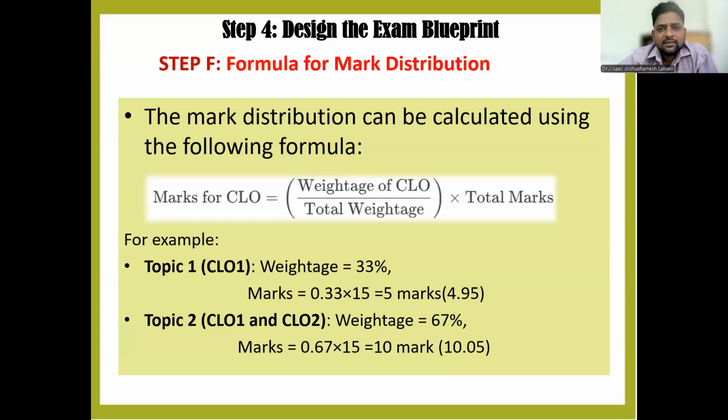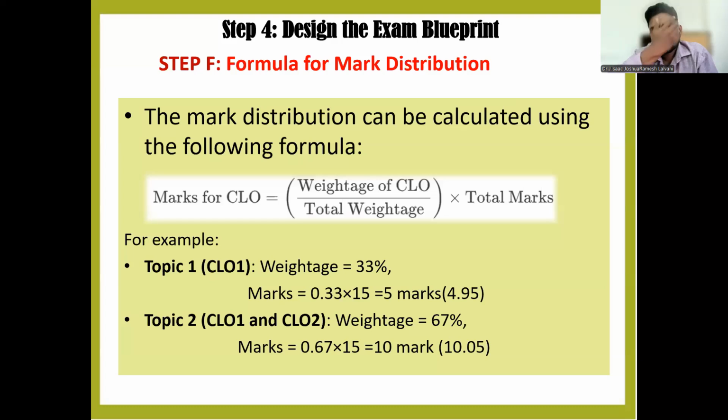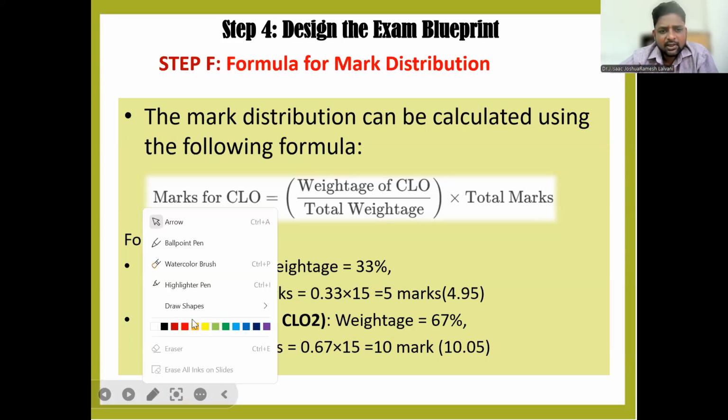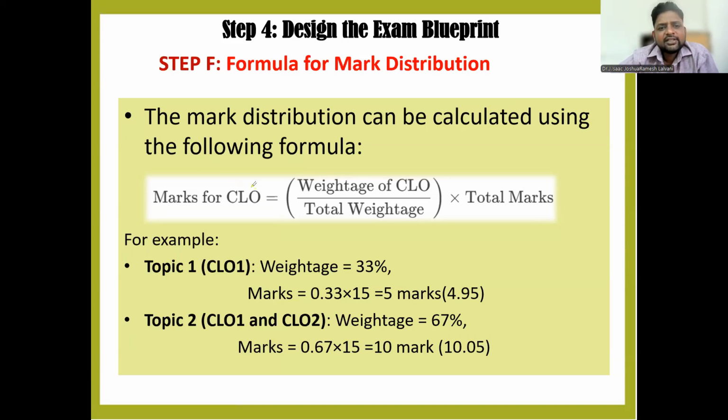Now you can see how the mathematical formula is arrived at to select the marks that will be given for the particular CLOs. Here you can see the marks for a particular CLO will be given by the weightage of the CLO divided by the total weightage.